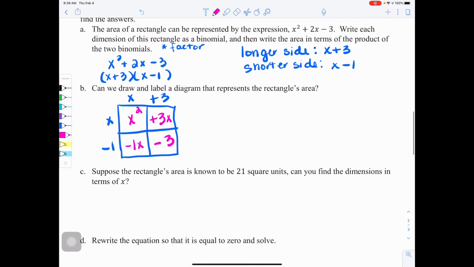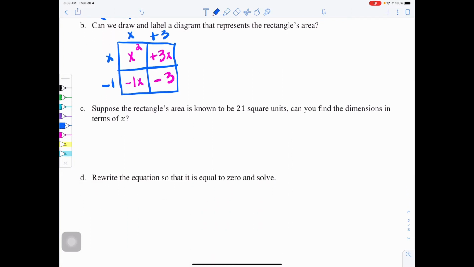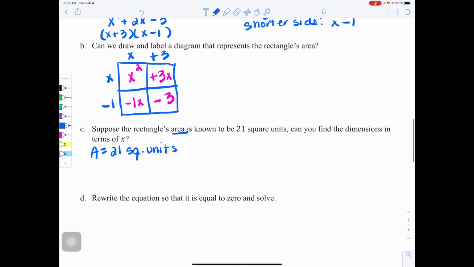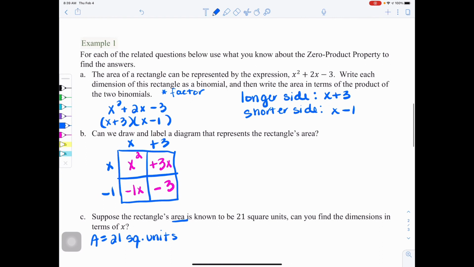Now in question C, it says, suppose the rectangle's area is known to be 21 square units. So we actually know that the area is 21 square units. Can you find the dimensions in terms of x? So now let's think about area. We already showed the area up here as x squared plus 2x minus 3. It said right in the problem that that's how the area of the rectangle was represented.